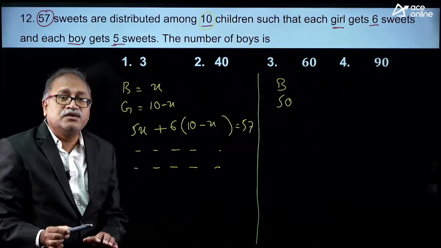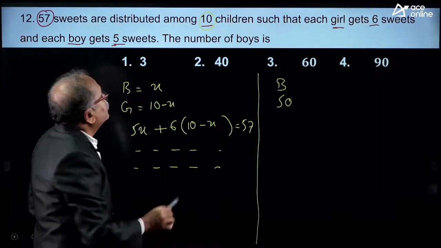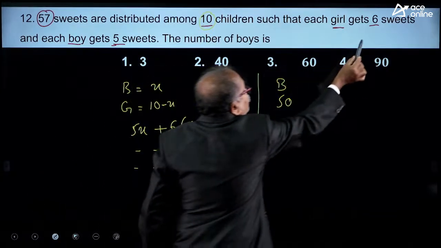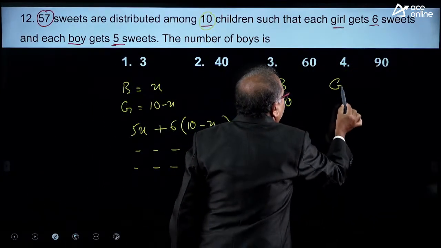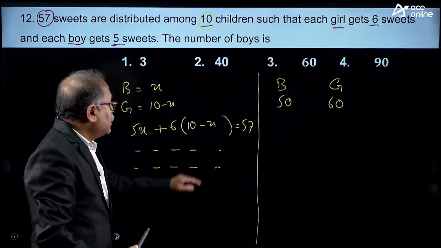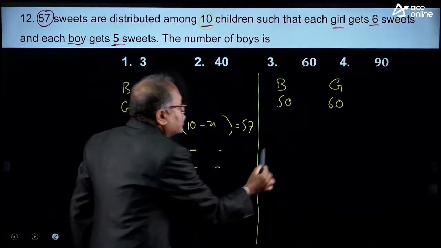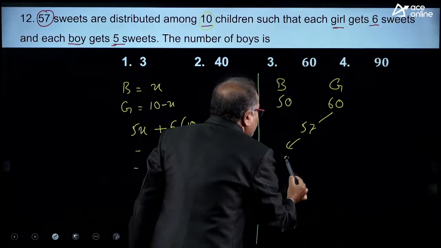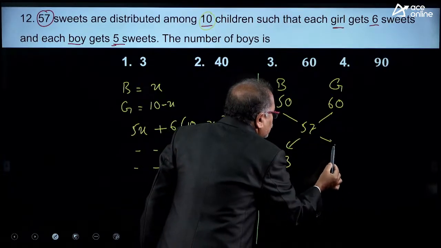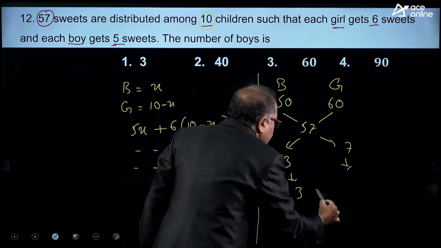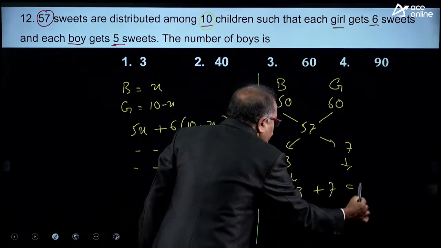If all children are girls, then what will be the total? 10 into 6, that is 60. But there are some boys and some girls, and the mean is 57. So can I take the difference over here? This is 3 and this is 7. This 3 plus this 7 itself is the total number of 10 children.